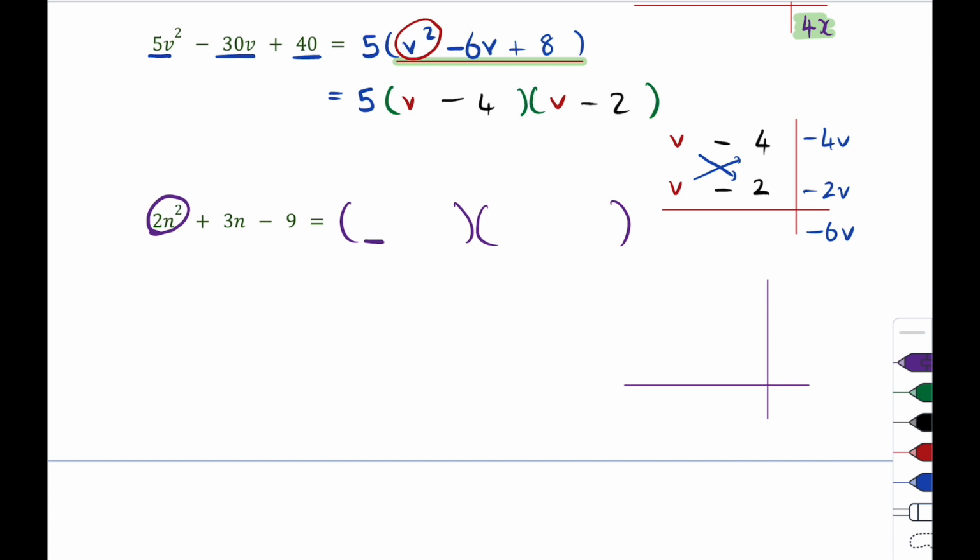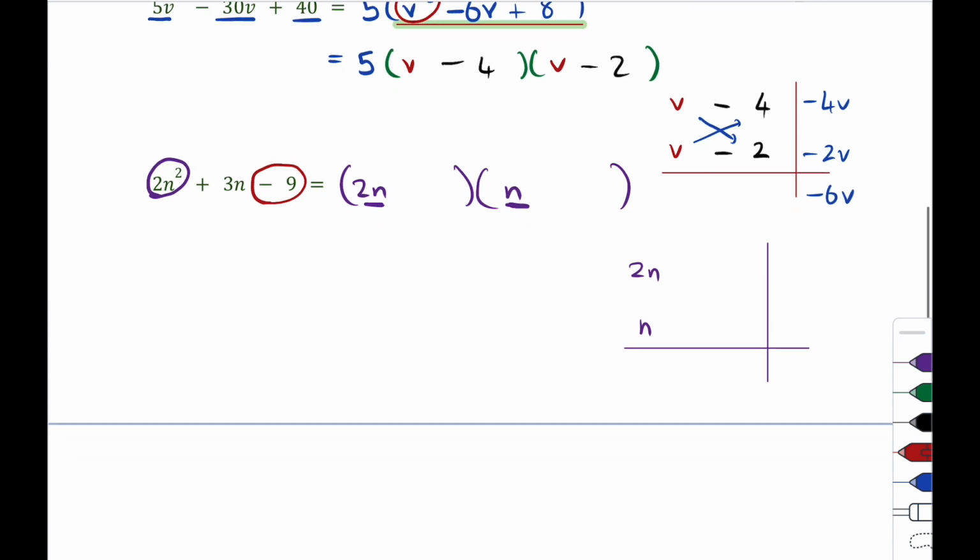The first 2 terms are 2n and n, because those are the only 2 terms that could give me 2n squared if I multiplied them together. Let's try negative 9. Well, I have a negative 9, so I'm going to have either 9 and 1 or 3 and 3, but one of them has to be negative, so 3 and negative 3. Now we can put those values in and see how they work.